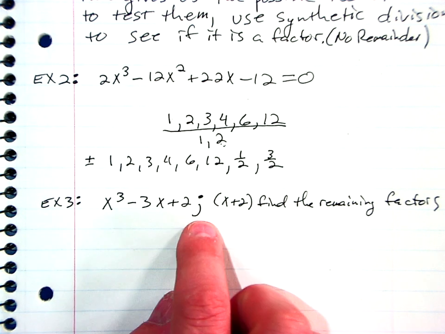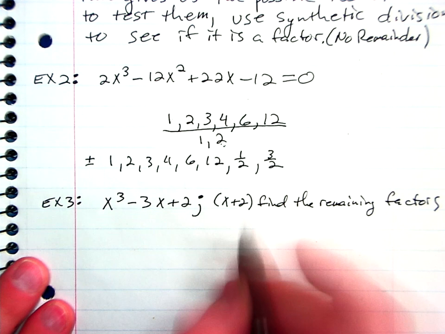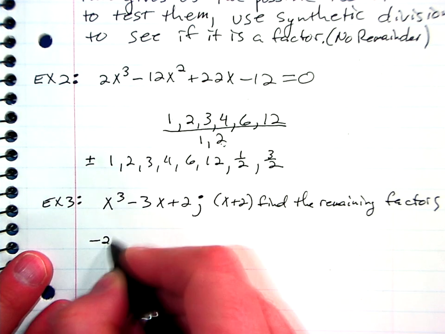Nope, that is a semicolon. You are correct. So yes, we are going to use synthetic division for this. Remember, it's in parentheses, so it's a liar. So I'm going to use -2.